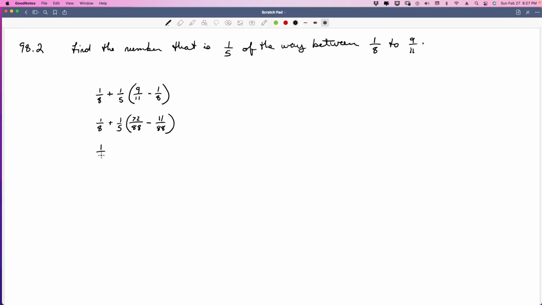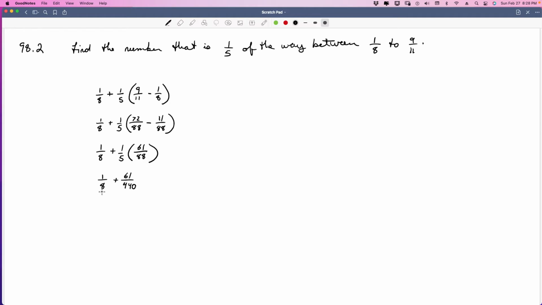And that gives us 1/8 plus 1/5 times 61/88. That gives us 1/8 plus 61/440.